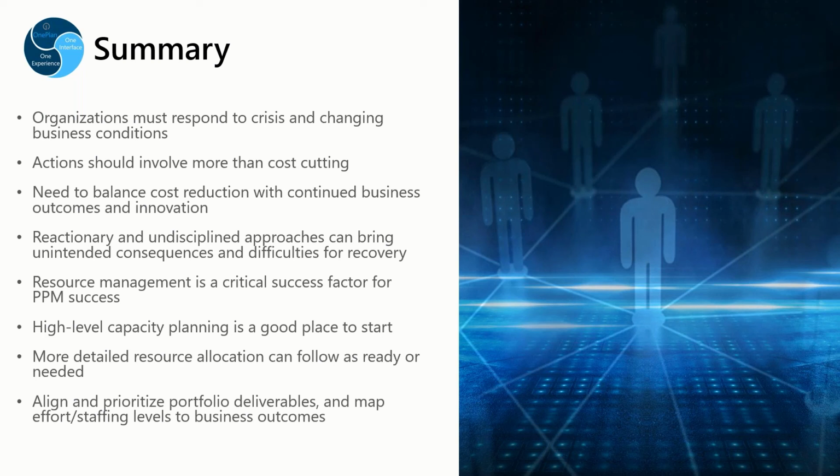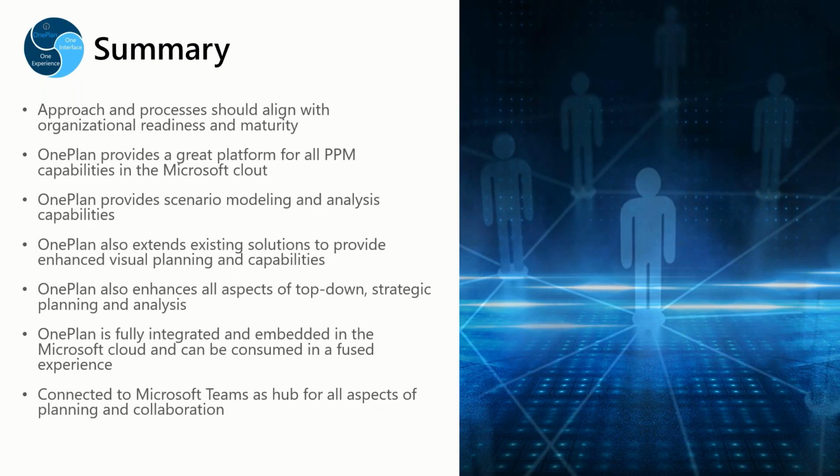We also need to align and prioritize portfolio deliverables, as Paul was showing you, and then map our effort and staffing levels to that and to the business outcomes aligned to those strategies that Paul showed you in the solution itself. Our approaches and processes should align with our organizational readiness and maturity, both our culture and our abilities.